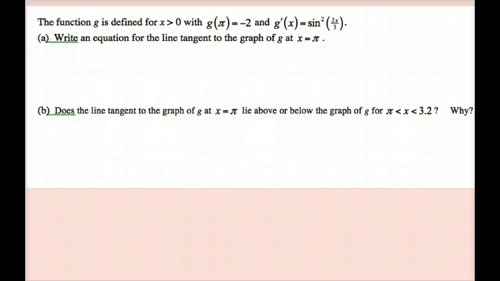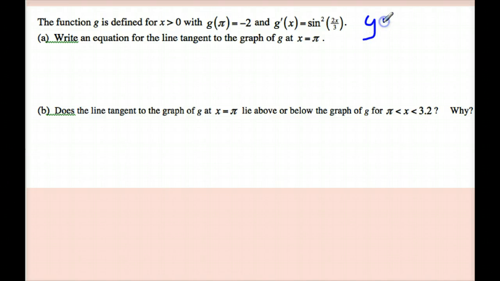It says, here is the function g of pi is equal to negative 2, g prime of x is equal to sine squared of 2x over 3. Write the equation for the tangent line when x is equal to pi. So what we're going to do is plug in our pi.